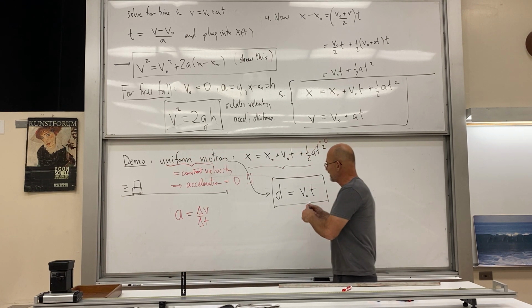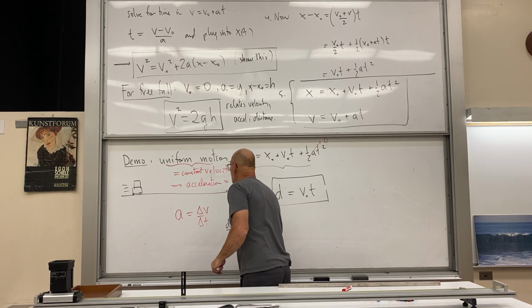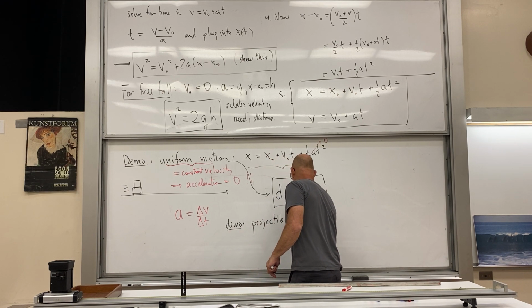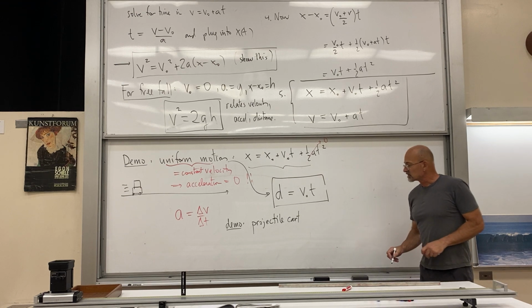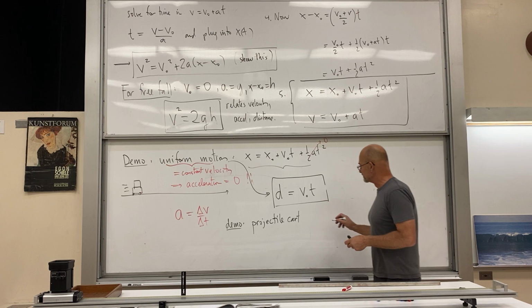What we're going to say here for our demo is what we're going to call the projectile cart. The projectile cart demonstrates the independence of the horizontal and the vertical motion.